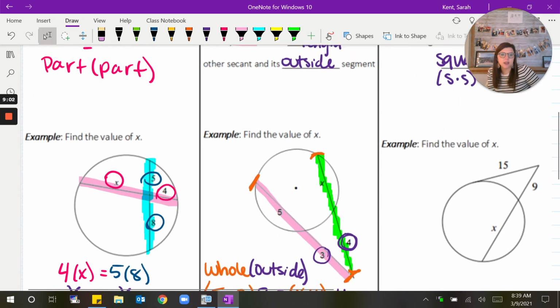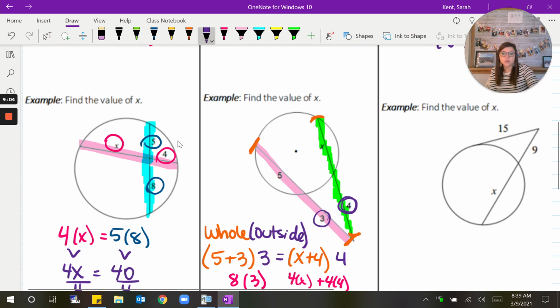So here is our example. And so first I'm going to look at the secant. My secant goes through the circle to the outside. So again, for secant, I want the whole thing times the outside.